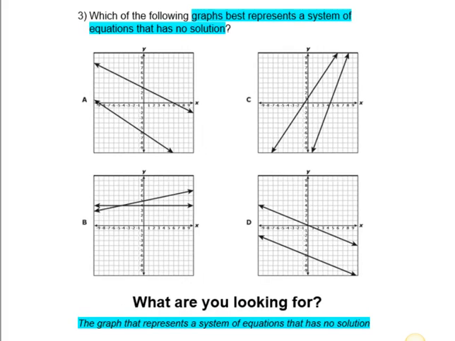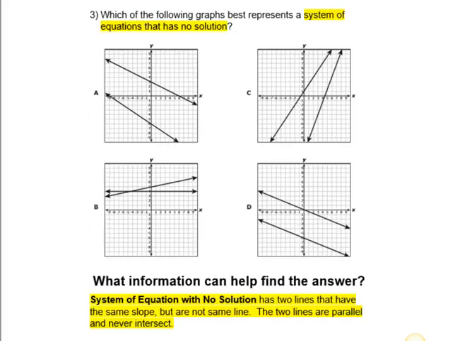We are looking for the graph that represents a system of equations that has no solution. What information do we need to help find the answer? Well, we need to understand what a system of equations with no solution means, or what it looks like.